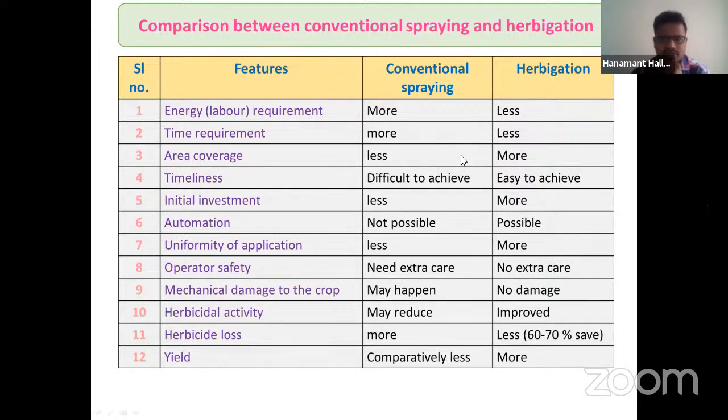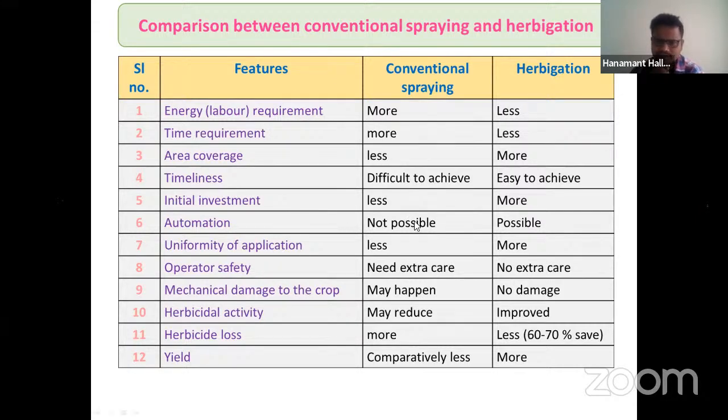Area coverage is also more in case of herbigation, because we are automatically applying herbicides to the crop through the irrigation. Then timeliness is difficult to achieve in case of conventional spraying, but it is easy to achieve in case of herbigation. Then initial investment, of course, is more in case of herbigation.